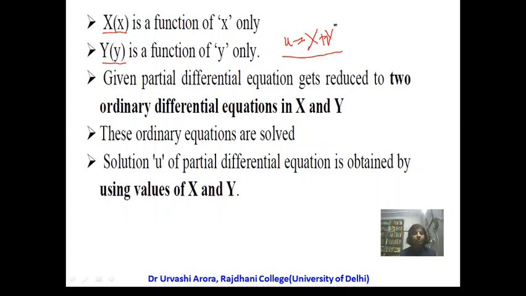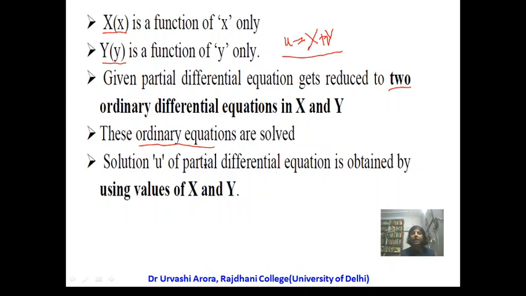When you substitute this value of u, the partial differential equation will get reduced to two ordinary differential equations of first order in capital X and capital Y, and these ordinary differential equations can be easily solved using the methods of solving ordinary differential equations.